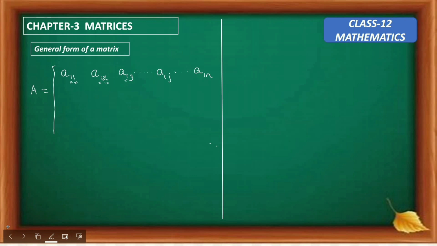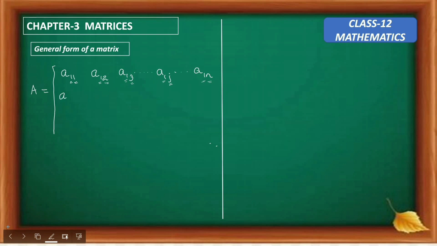Here, first row and third column. Similarly, this is first row and jth column. Then the last part is first row and nth column.